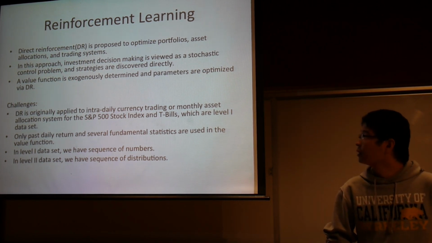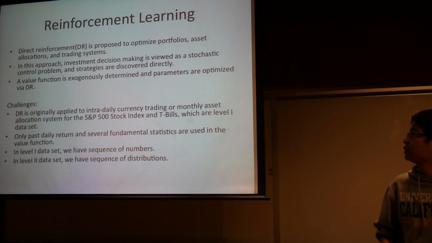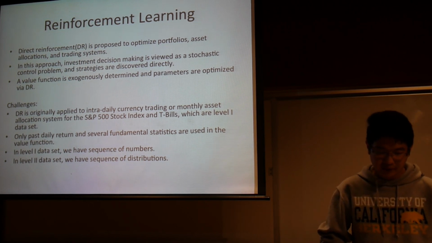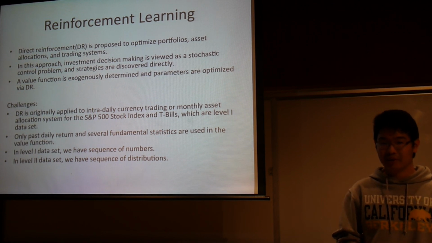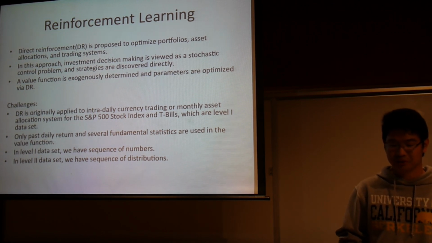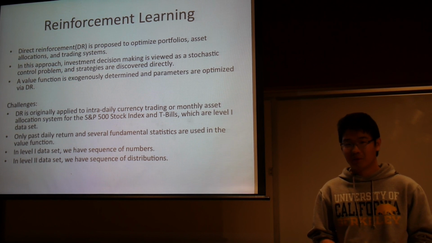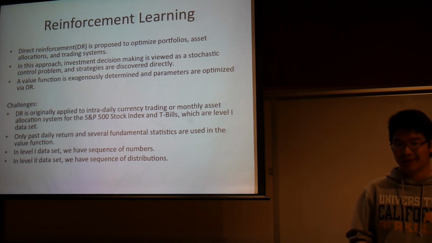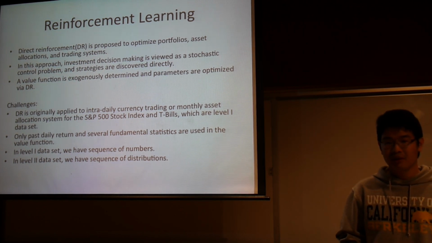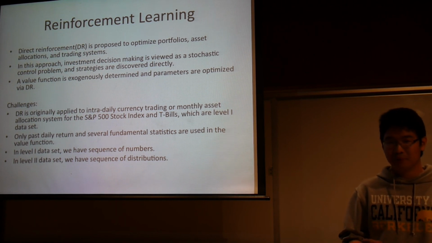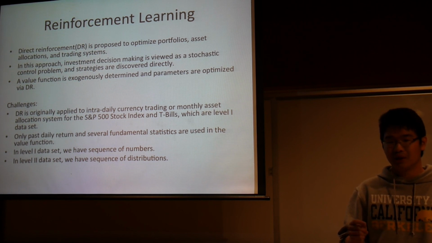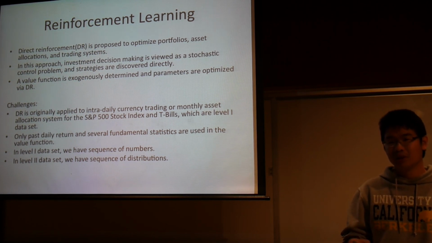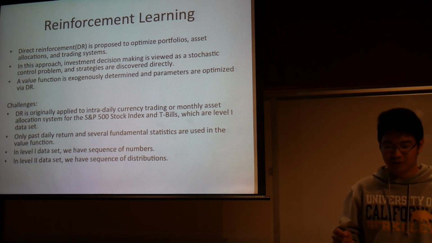So the way we wanted to model our data is that we wanted to apply direct reinforcement learning, which is under the category of reinforcement learning. The way it works is that you specify a value function with input variables, and the algorithm will finally converge to give you the optimal parameters of the value function.